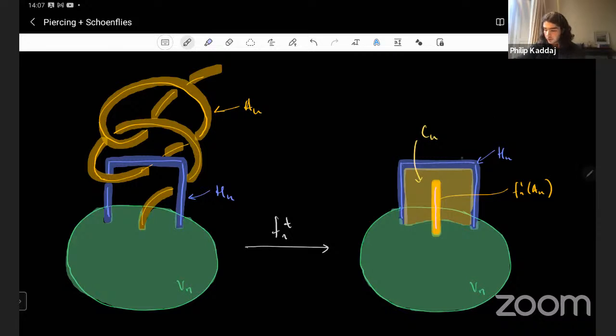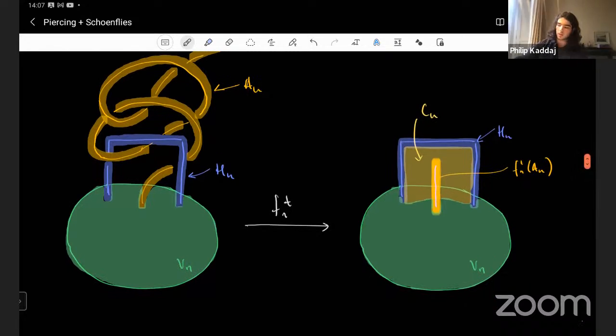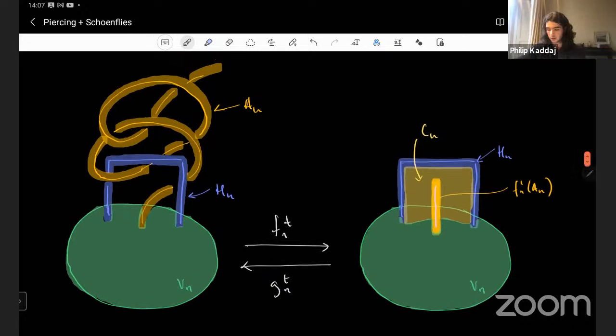And on the right, we can very easily fill the handle without intersecting the image of the tame arc under the isotopy. And then we would like to go back. And we need to be careful when we go back.